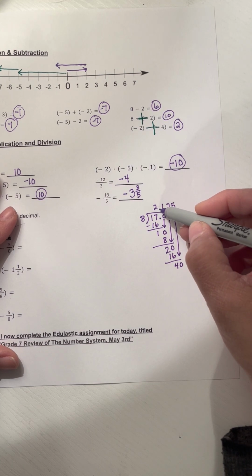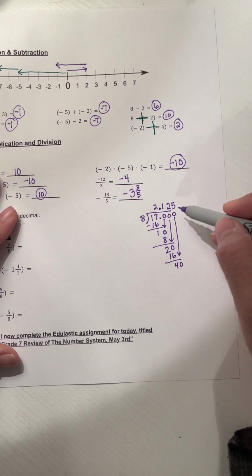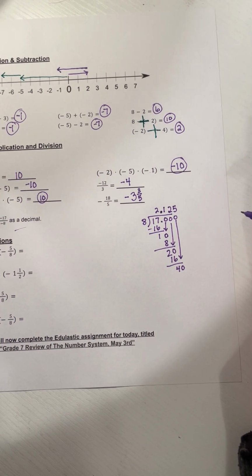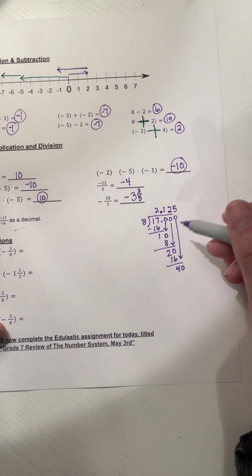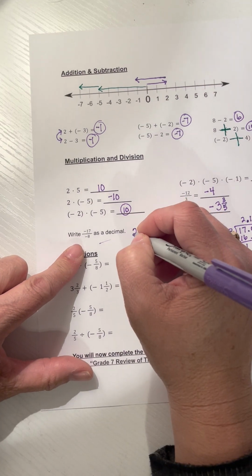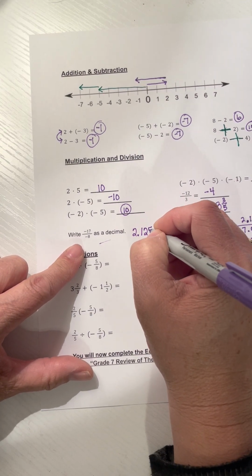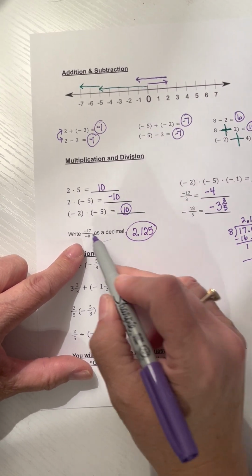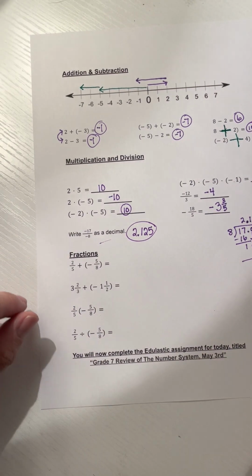The decimal comes straight up. So it's positive 2.125. You might want to pause this to look at that for a minute. So 2.125. And I know it's positive because the 2 negatives canceled each other.